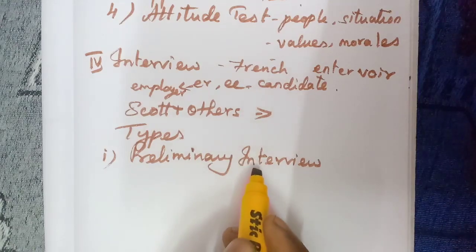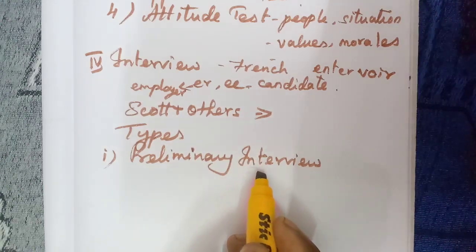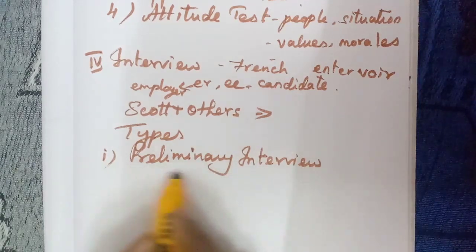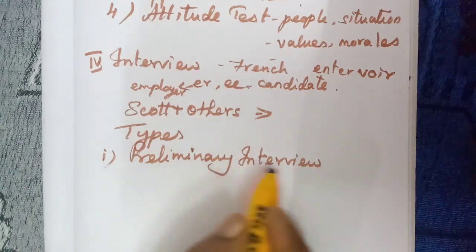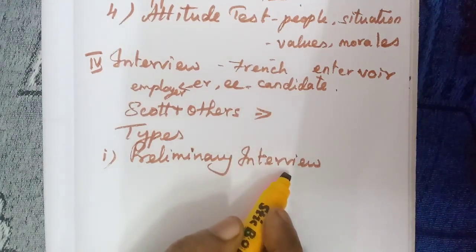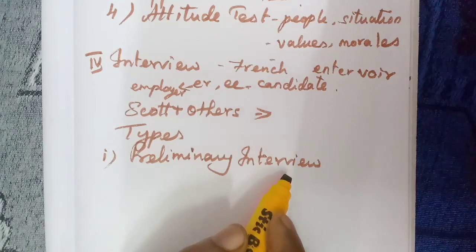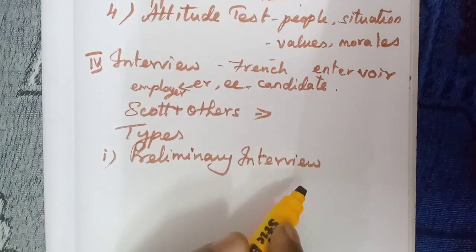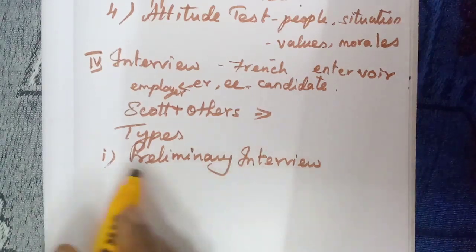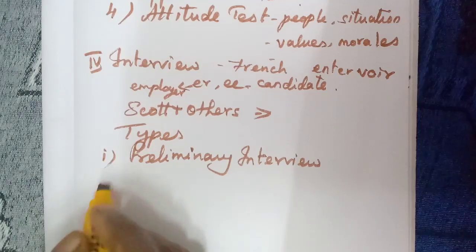Unfit or unqualified candidates can be eliminated. For that purpose they conduct this preliminary interview, because for many interviews they have to conduct training, or they have to appoint that person. They judge whether this person can be appointed or not. That is why it is called the preliminary interview.